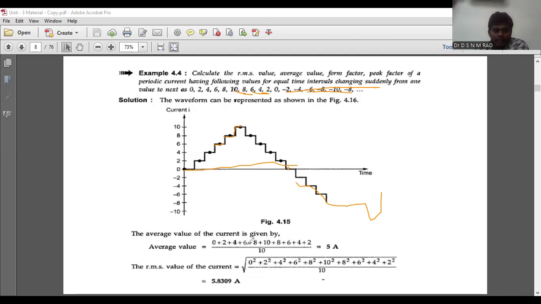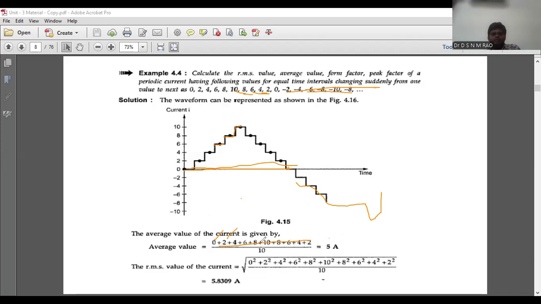So the average value equals the area under one alternation divided by the base length. These are the mid ordinates of the given waveform: 0 plus 2 plus 4 plus 6 plus 8 and so on for the positive half cycle, divided by the number of stepped values, total 10, equals 5 amperes. For the given signal, average value equals 5 amperes.